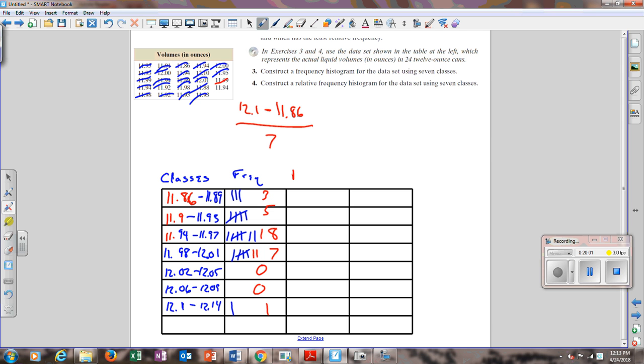So now if we do relative frequency here, we can take those numbers and divide it. We're dividing by 24: 3 over 24 is 0.125.